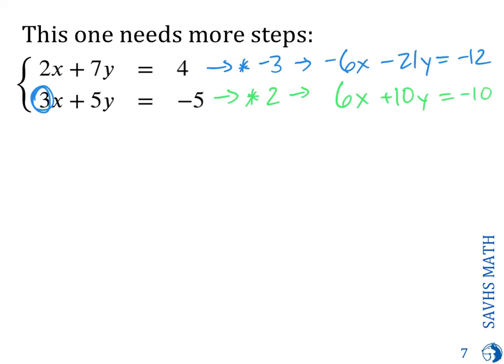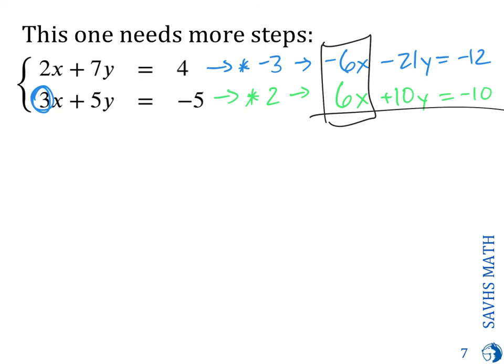Now I have a system that is equivalent because I just multiplied both sides of both equations by different things. I didn't change the value of either equation, but now when I add these two together, these two x's eliminate, they add to 0.